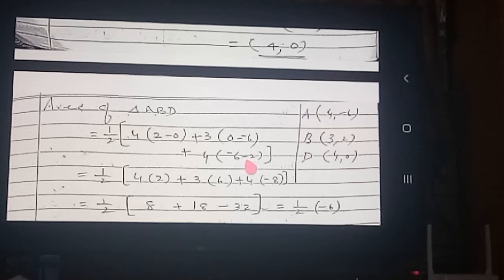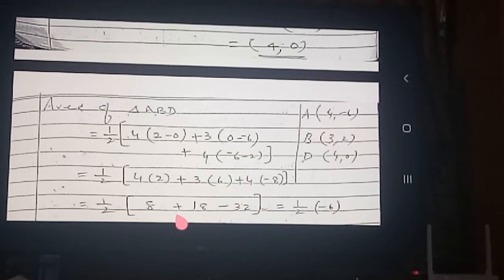Same sign, so add and put the same sign. So minus 8. 4 into 2 is 8. 3 into 6 is 18. 4 into 8, how much will come? Minus 32. Okay.